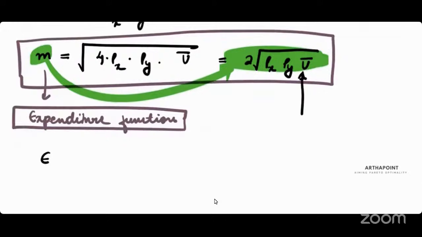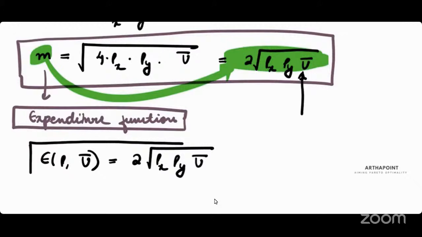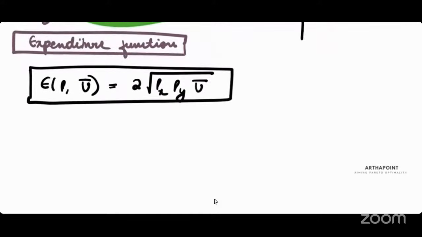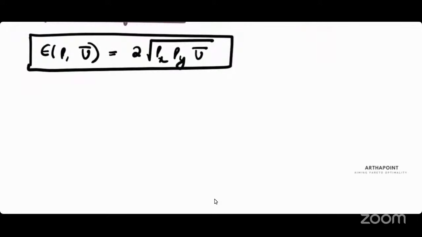So I can say that my expenditure function, which is a function of prices and utility, can be written as 2 under root Px Py U bar. This is my expenditure function. So how do we find expenditure function? You find your indirect utility function and you just rewrite M in terms of U bar and you get your expenditure function.